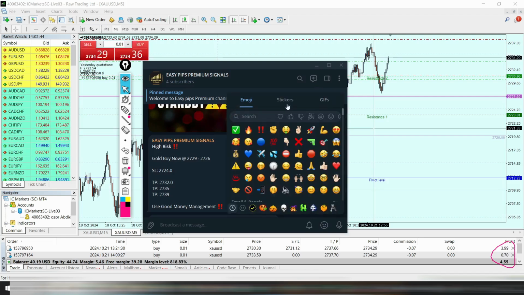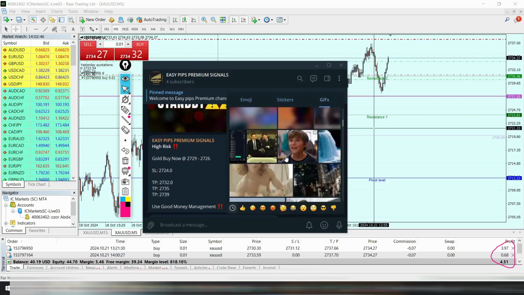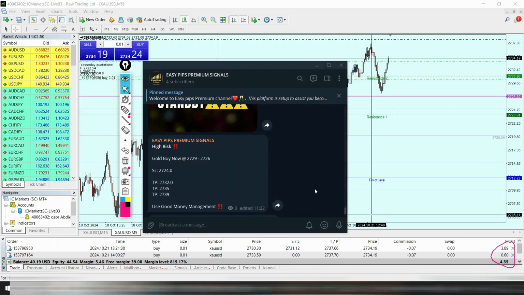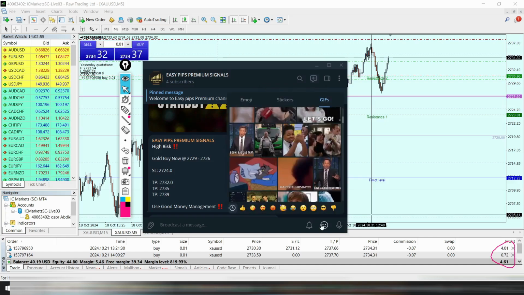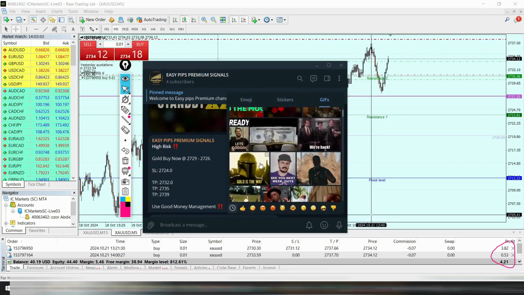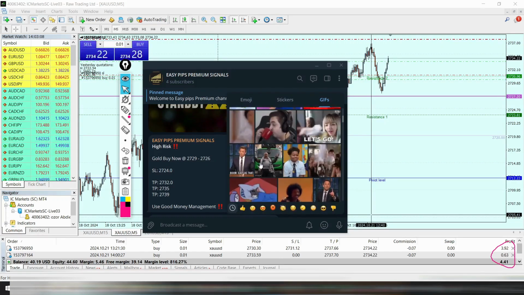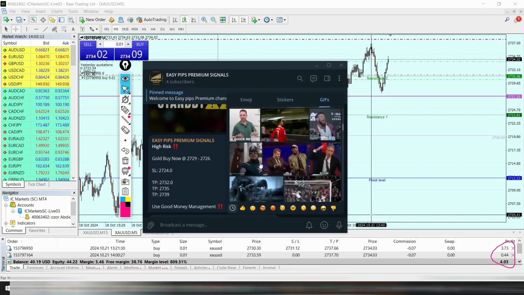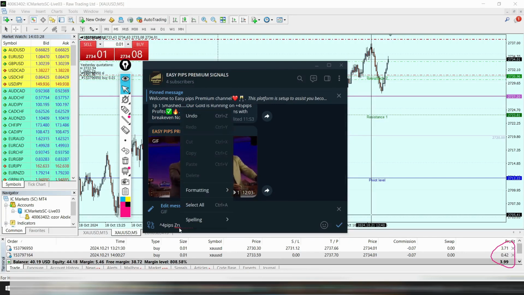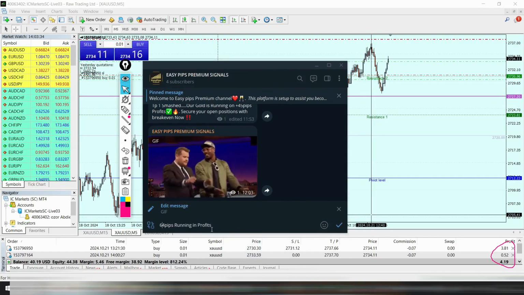Almost at take profit 2. Yeah, wow, boom. A lot of persons are already posting their profits. Yes, let me use my favorites. So still profits running.